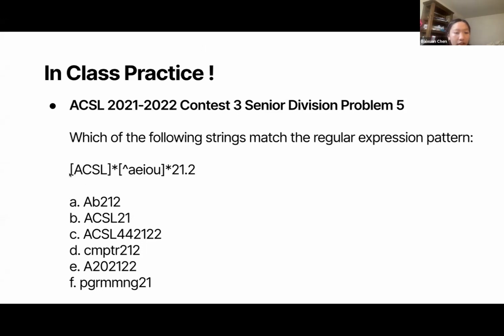So what they're saying is it can be any number, 0 or 1 or 2, any number of capital A, C, S's, and L's, and then any number of anything that's not A, E, I, or O, or U, and then a 2, and then 1, and then it can be anything at all, and then followed by a 2. So let's look through this.